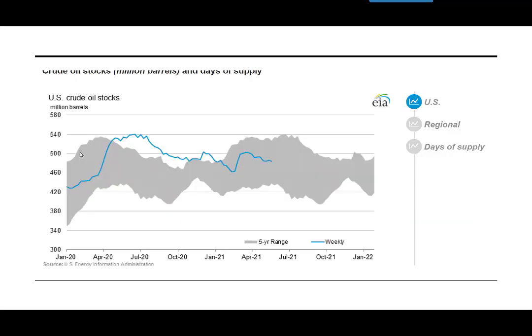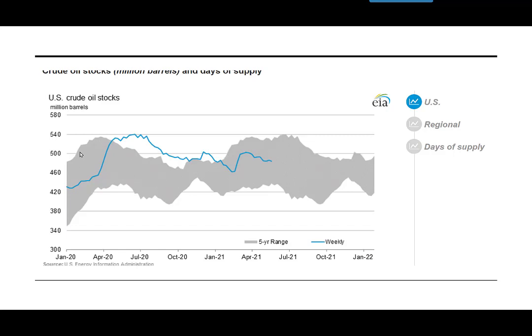Okay, let's take a look right here. One of the ways to know what the supply and demand is in the U.S. is to look at this chart. This chart's very, very good. What you see is a gray band, and the gray band shows the range of crude oil inventories over the last year.